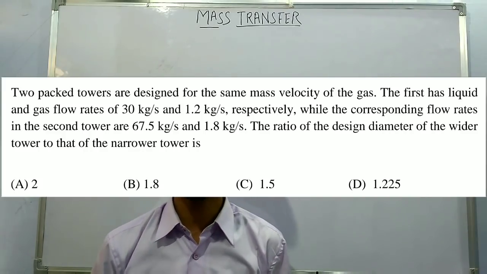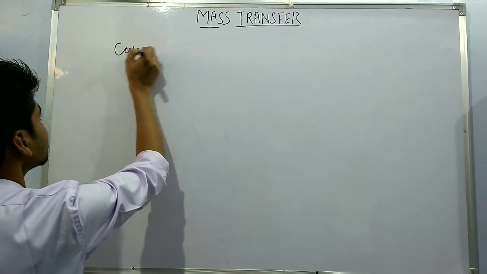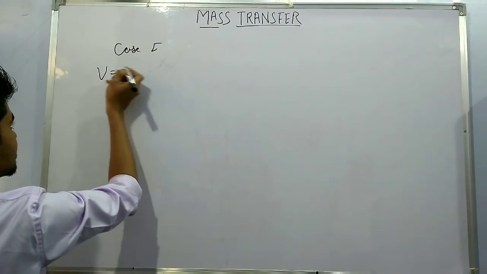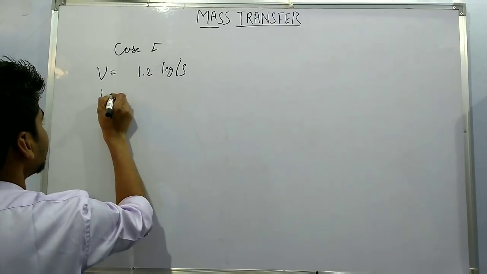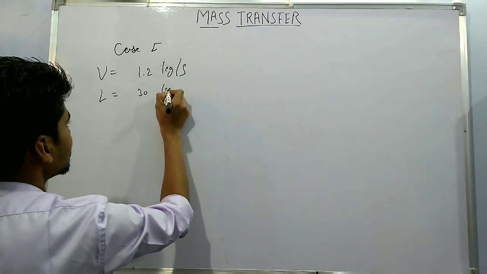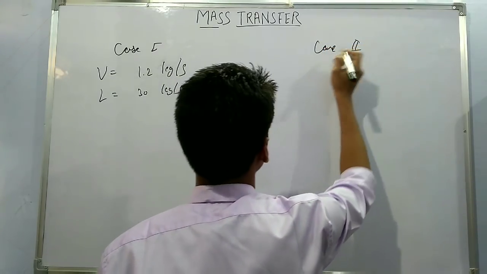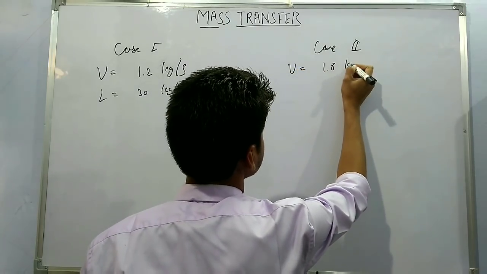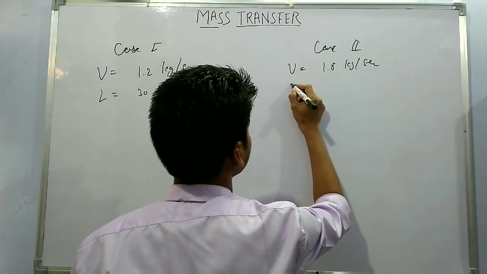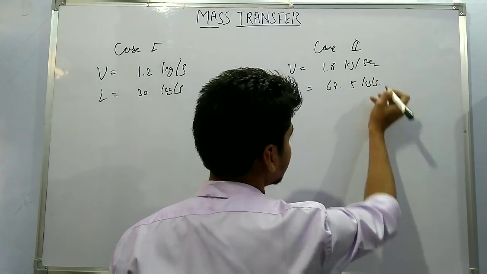So here we are considering two cases. Case 1, where the vapor flow rate is given as 1.2 kg per second and the liquid flow rate is given as 30 kg per second. And case 2, where the vapor flow rate is given as 1.8 kg per second and the liquid flow rate is given as 67.5 kg per second.